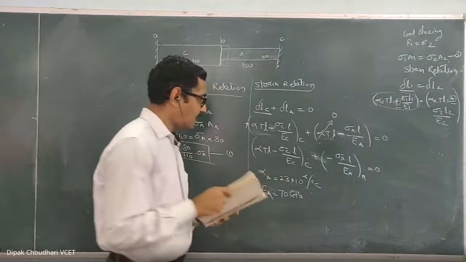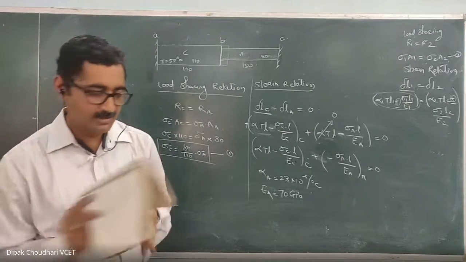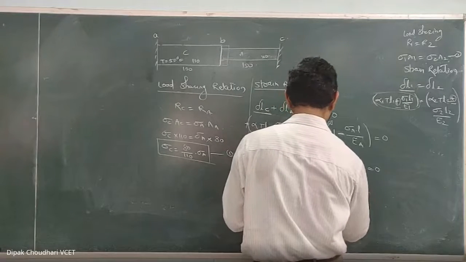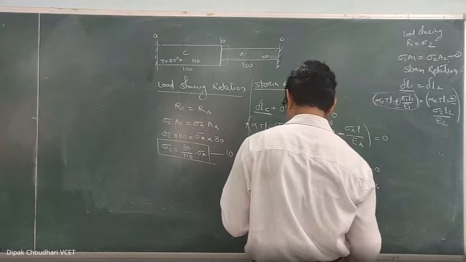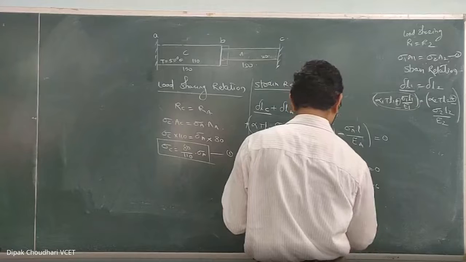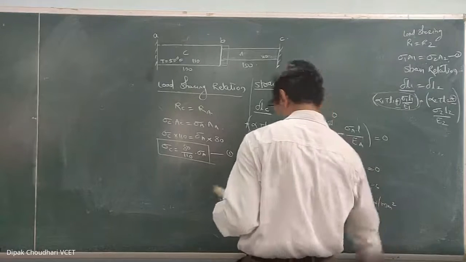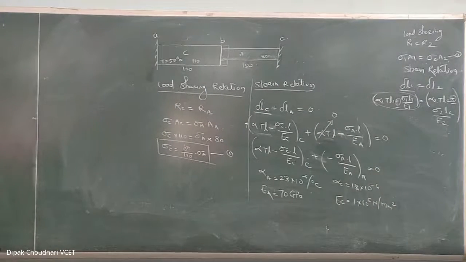Okay, and for copper, alpha C equal to 18 into 10 raised to minus 6, and modulus of elasticity for the copper is 1 into 10 raised to 5 Newton per millimeter square. Solve this now and tell me the answer. Substitute the value properly, because one E is given in GPa, whereas the other one is in Newton per millimeter square. You have to convert them properly.